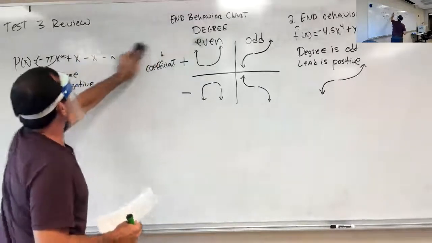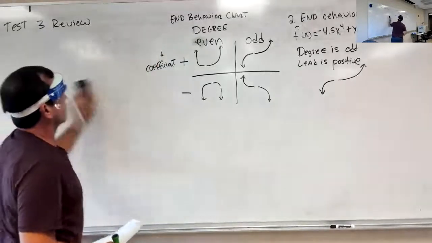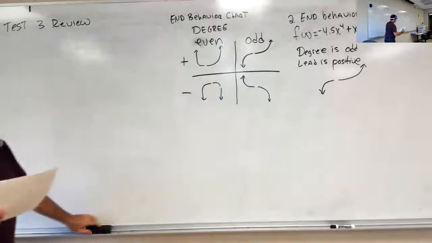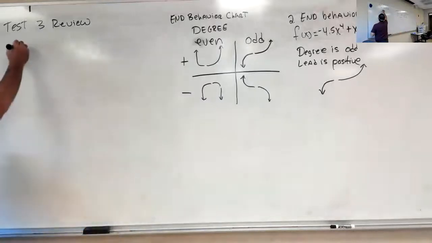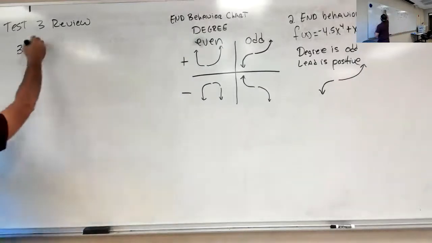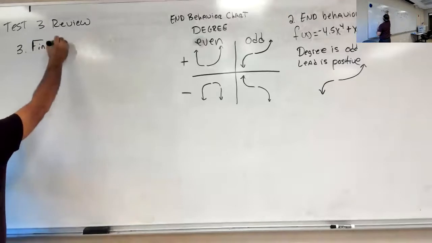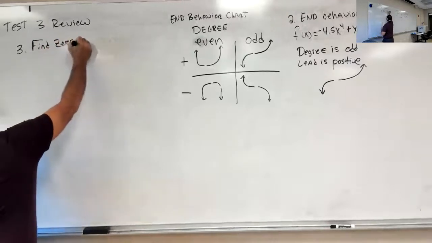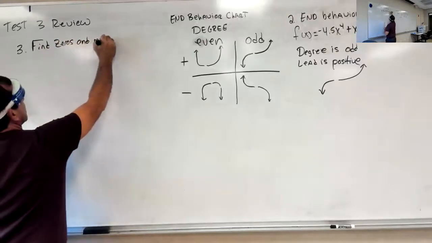Okay, so number 3, we started finding zeros. So 3 wants me to find the zeros and multiplicity.